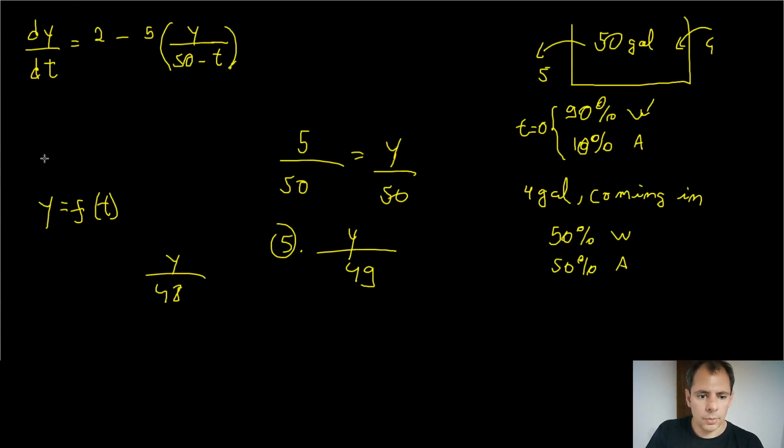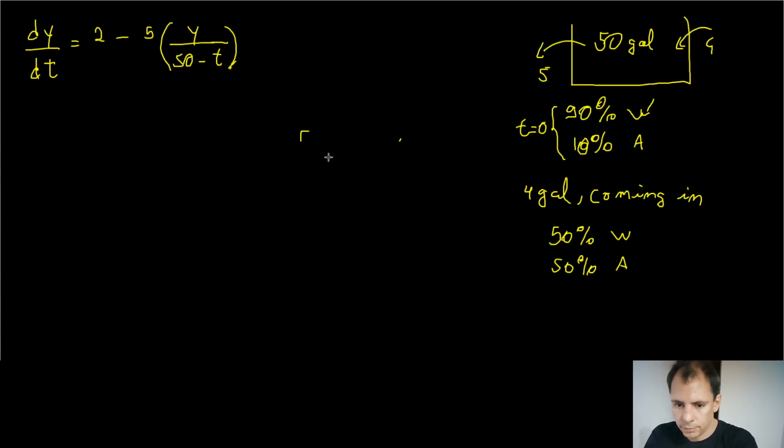Now, you want to rearrange this stuff. So, at t is equal to 0, the amount of alcohol is y divided by 50. At t is equal to 1, it's y divided by 49. At t is equal to 2, it's y divided by 48. Okay? And then you go like, no, but there's something wrong in here. Because if this is the rate, then as t gets close to 50, all right?